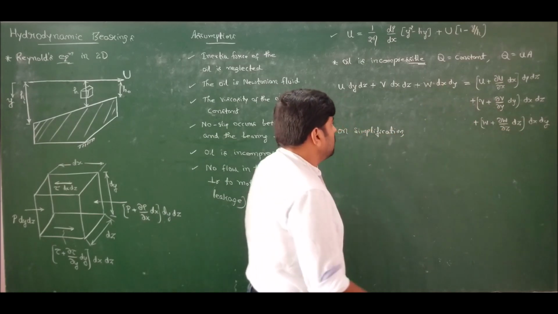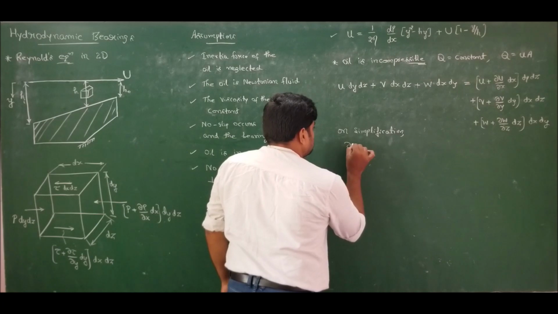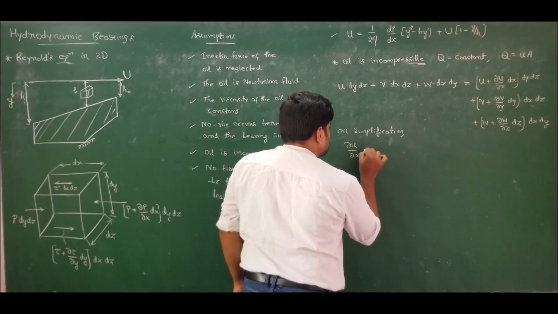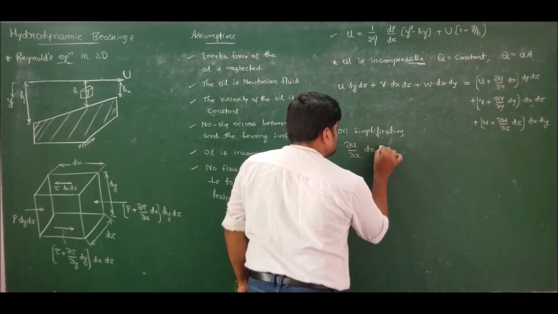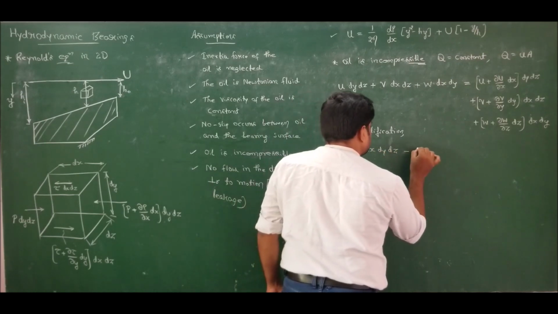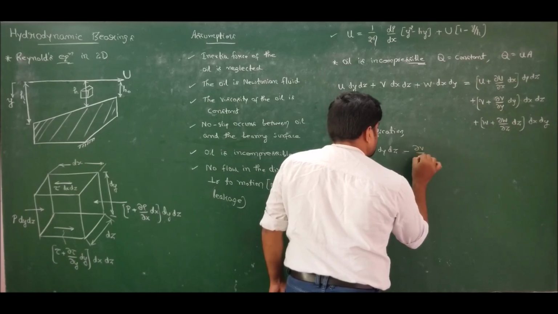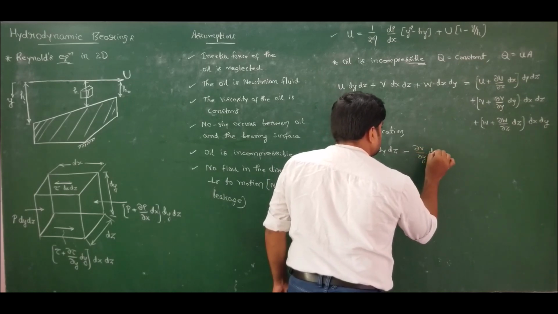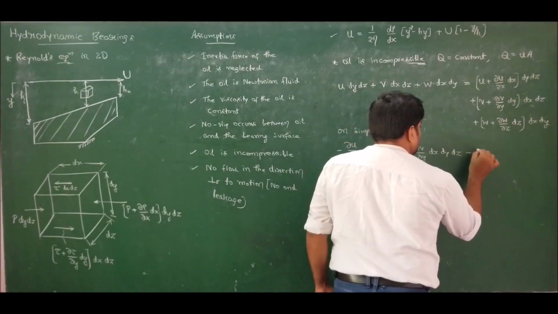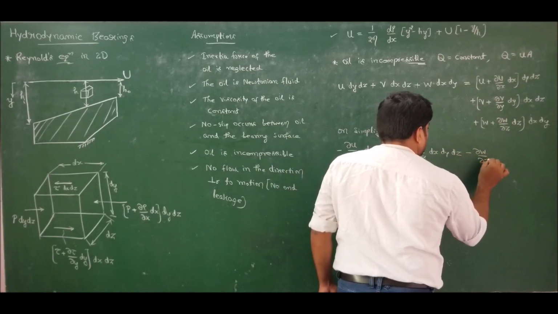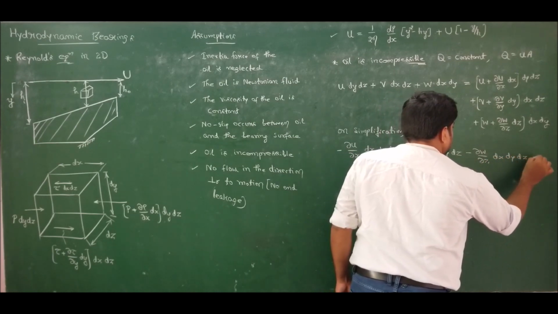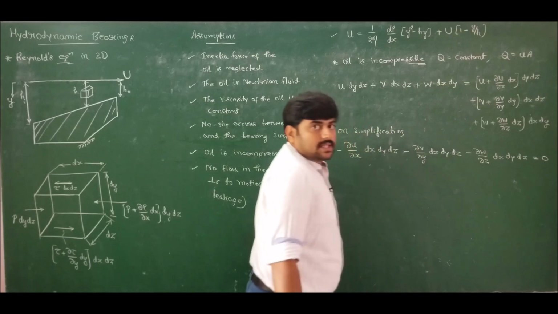I am left with dou u by dou x dx dy dz minus dou v by dou y dx dy dz minus dou w by dou z dx dy dz. This must be equal to 0.